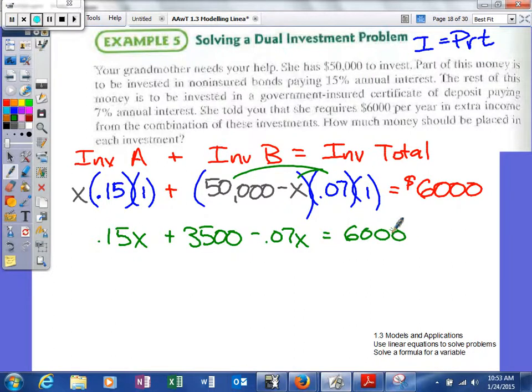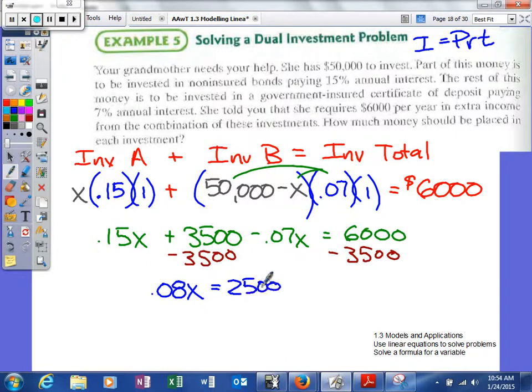All right, so after we distribute, obviously multiplication by 1 didn't really change my problem, so I did that in my head. I'm going to combine my variables, and I'm going to move this 3,500 to the opposite side of the equation. Oh, just thinking about my problem. I should have left room to write my answer, but that's okay. So I should get decimal 0.08x when I combine my variables is equal to 1,500. Just kidding, 2,500.